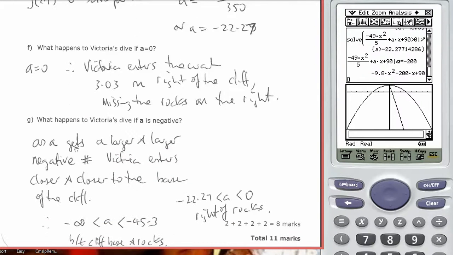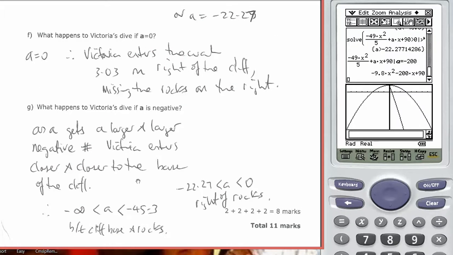So as a gets to be a larger and larger negative number, Victoria enters closer and closer to the base of the cliff. I can see that if a goes from negative infinity to negative 45.3, she's between the cliff and the rocks. If she's between negative 22.27 and 0, she's right on the rocks. And if she's between negative 45.3 and negative 22.27, she hits the rocks. But as a gets bigger as a negative number, Victoria gets closer and closer to the base of the cliff.